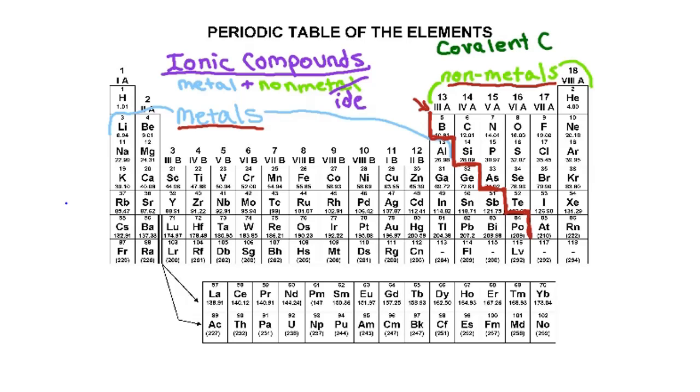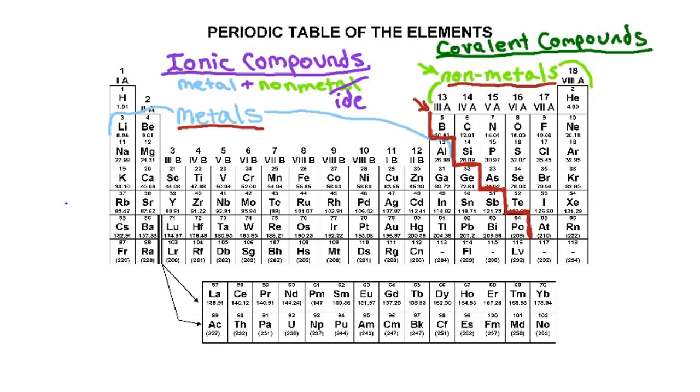Covalent compounds. And covalent compounds are two elements put together, but both of the elements are going to be nonmetals.